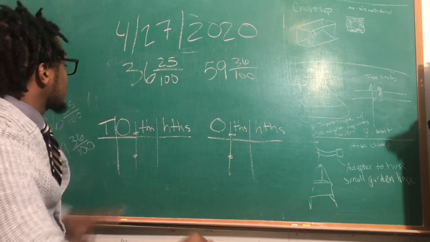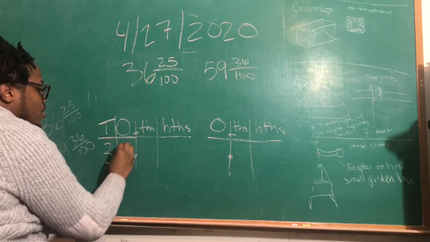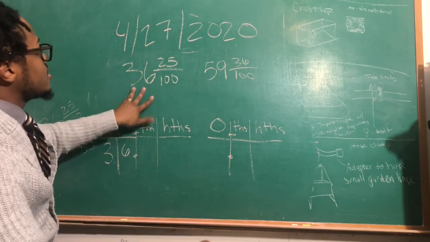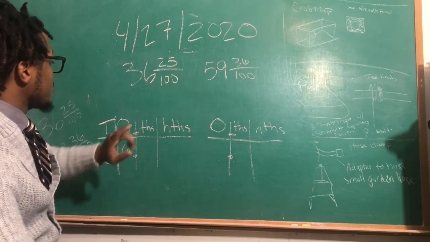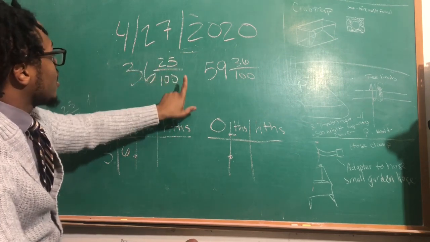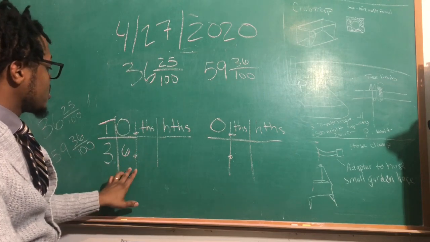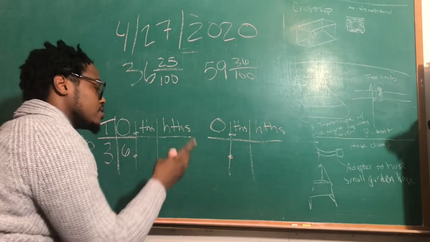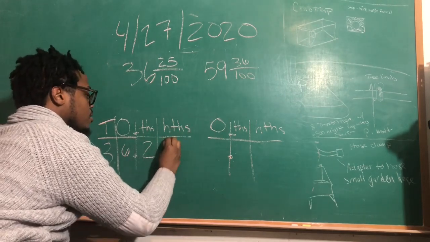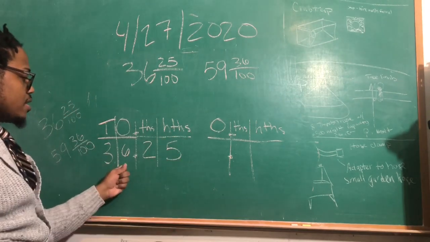I have 36. That's going to be my whole number, because I said 36 and 25 hundredths. So I'll put 36 here. And then I have 25 hundredths. It ends in the hundredths place, just like so. 36 and 25 hundredths.